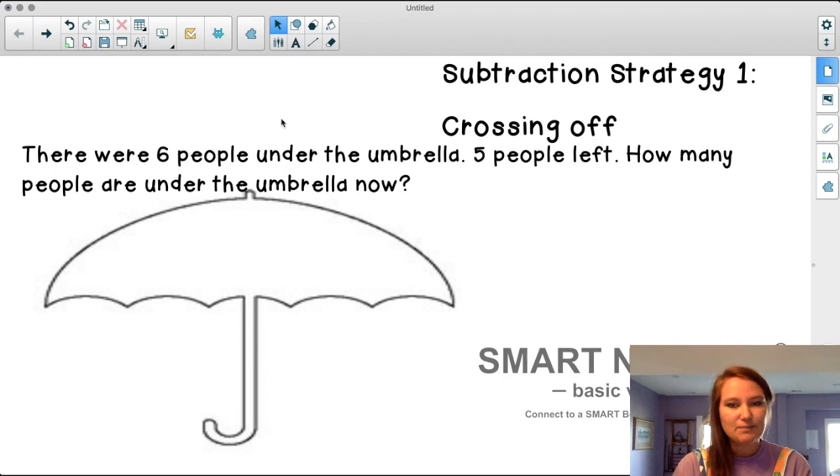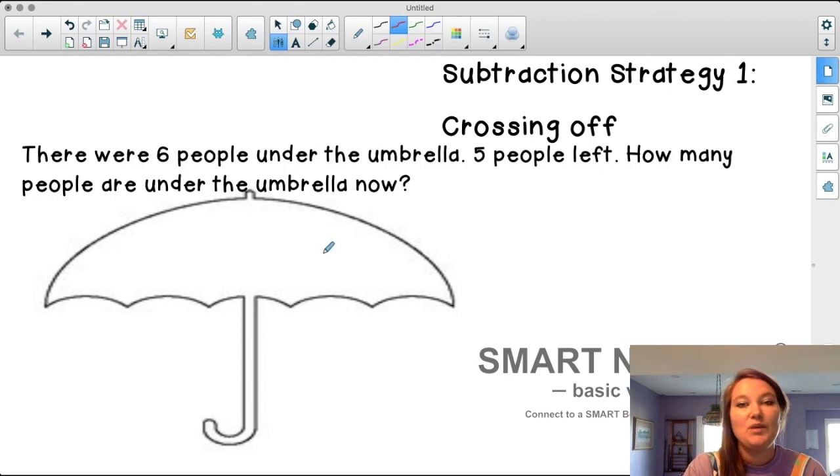Okay, let's look at this problem together. There were 6 people under the umbrella. 5 people left. How many people are under the umbrella now? So in learning and using this new strategy, we see that there were 6 people. So I'm going to draw 6 people. And remember, I'm drawing as a math picture.